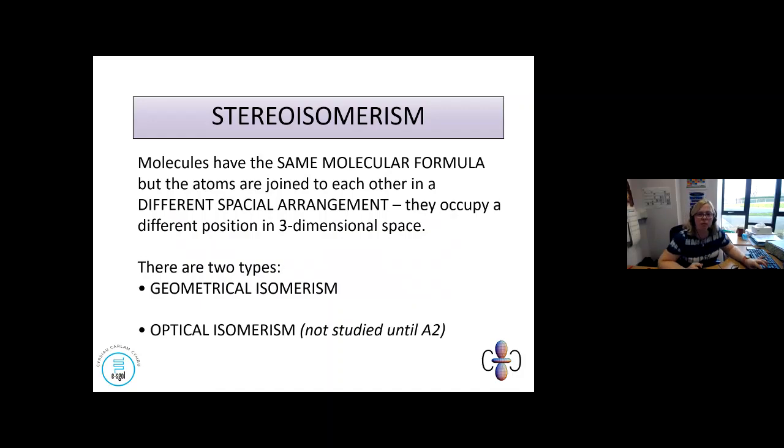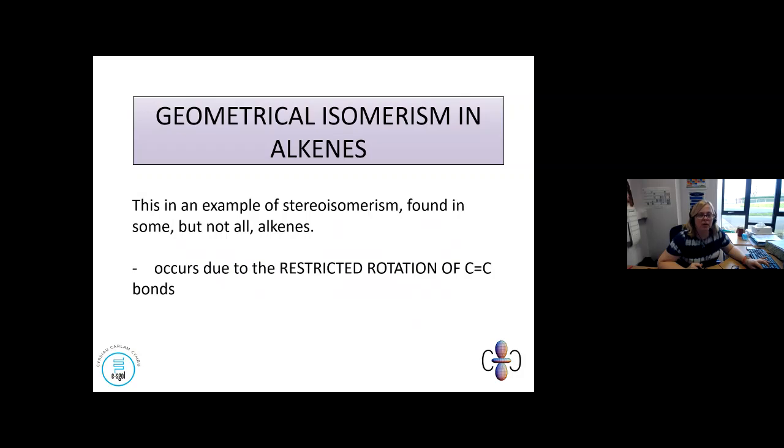Okay. Right, so the geometrical one, which you have to be familiar with in year 12, is called EZ. So it's called EZ and it's linked directly to alkenes. As I said, it's part of stereoisomerism, but is only found in alkenes. It occurs due to the fact that a double bond stops you being able to twist or rotate it, okay?